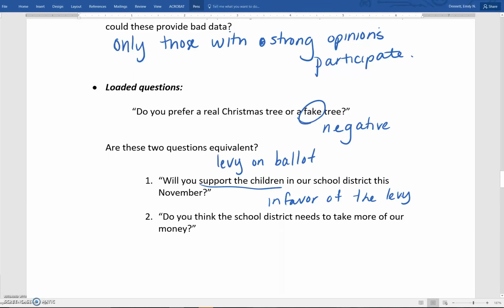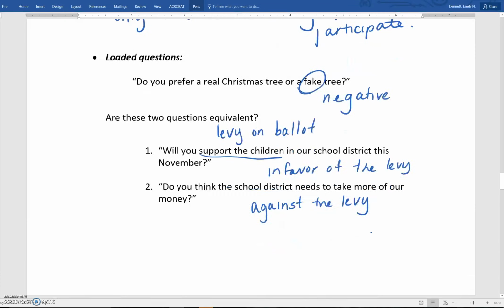People don't want to say that they're not going to support the children. However, if you ask the question, do you think the school district needs to take more of our money? Well, most people don't want to give up their money. So this is really trying to elicit a response that's against the levy. So the way that you word the question might lead people to answer in a way that's not how they truly feel.